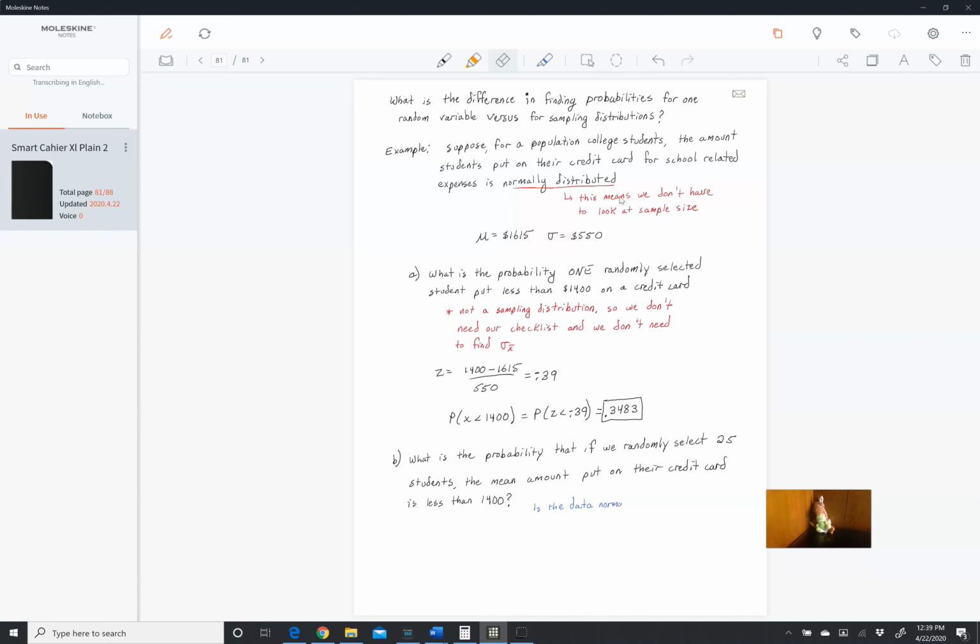But I'm putting it here so that you know that you need to take it into consideration when we have samples. Okay, so is the data normally distributed, or is n greater than or equal to 30? Okay, the randomly select 25 students says it's a sampling distribution. So this is where the difference comes in.